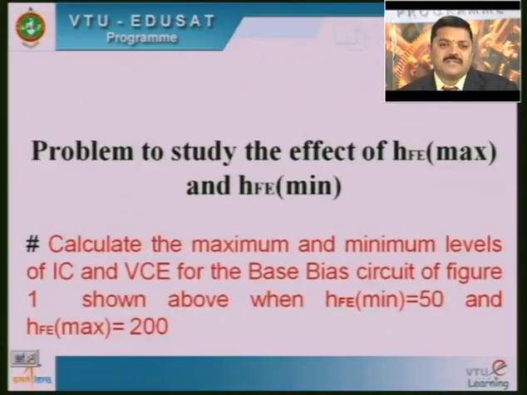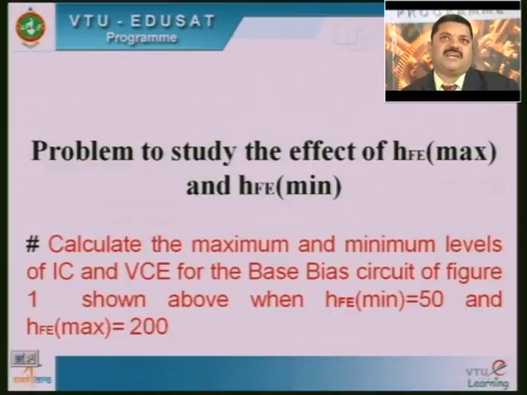So, what is the problem if we change the beta from minimum value to maximum value? For discussing this, let us consider a problem to study the effect of HFE max and HFE min.